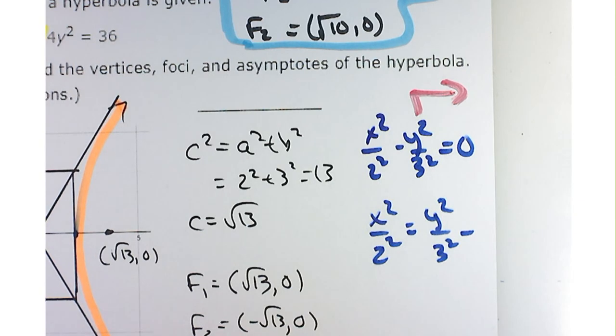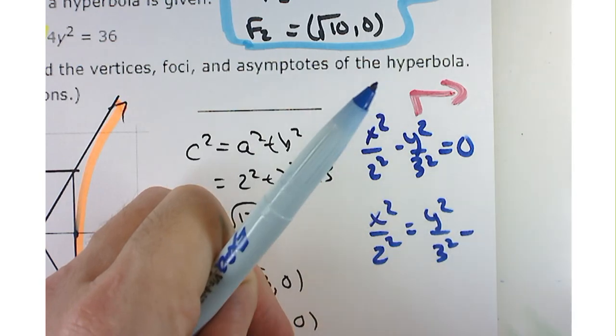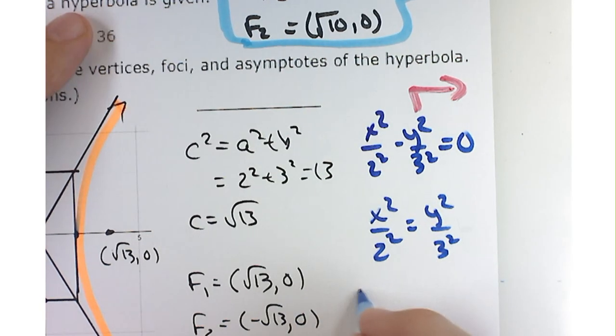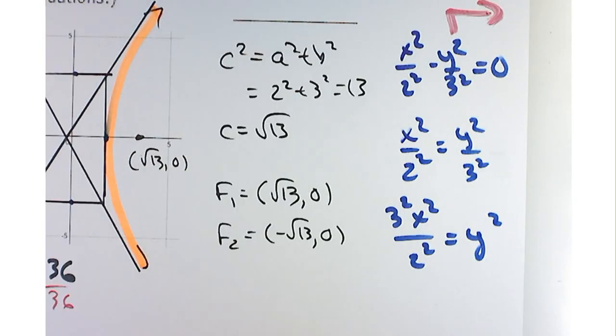Looking good there. I can multiply both sides by 3 squared. Nothing wrong with that. That's going to be 3 squared x squared over 2 squared equals y squared. I need to solve for y. What can I do?